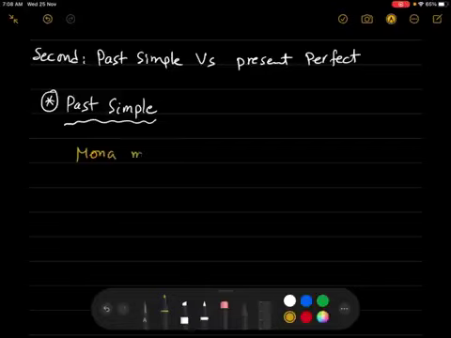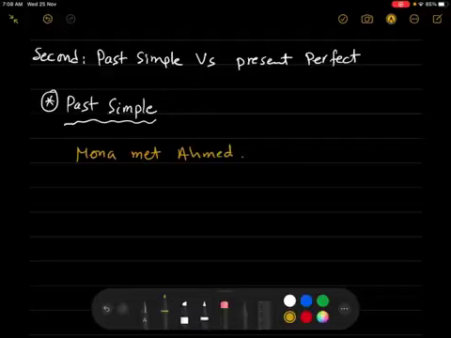When we say Muna met Ahmed, this action was completed in the past, so that's why we use the past simple.